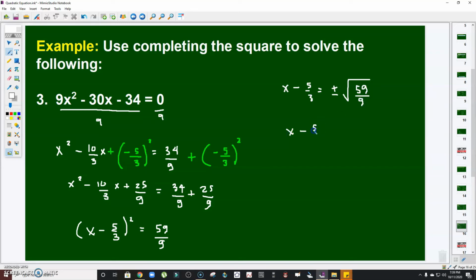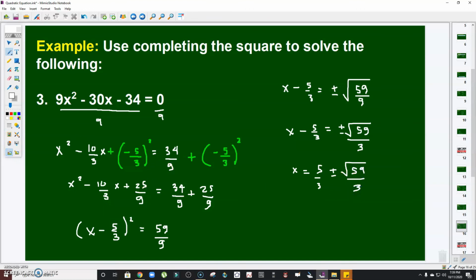Okay, now, take note. Take note, the 59, you cannot simplify that. But the square root of 9, you can. So, all over 3. Alright? So, that is, okay, I'll transpose it. So, that will become 5/3. Okay, 5/3 plus minus square root of 59 over 3.